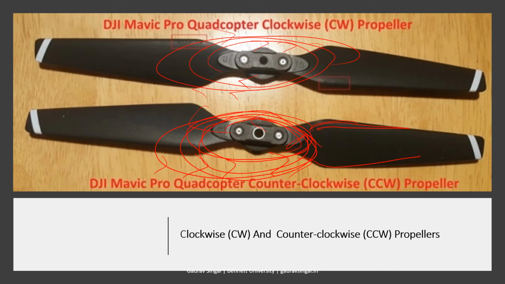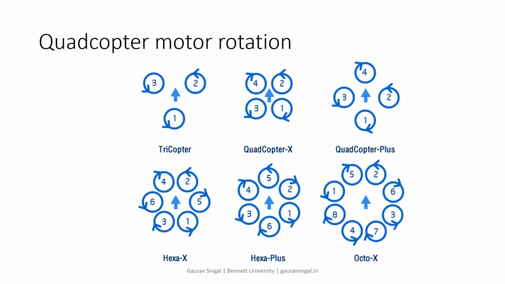Always remember, in one packet we get two propellers, one clockwise and one counterclockwise, because in a drone we always use both propellers on two nearby motors. This motor rotation we already discussed. In this you can see these are anti-clockwise, this is clockwise, clockwise, anti-clockwise.